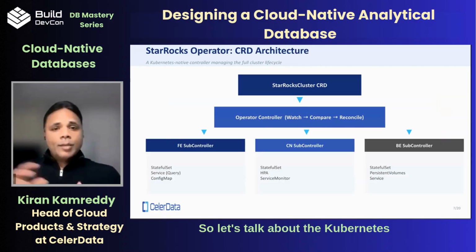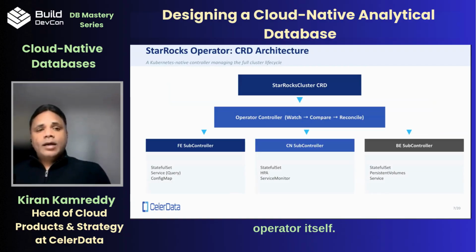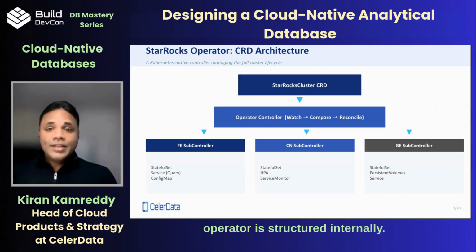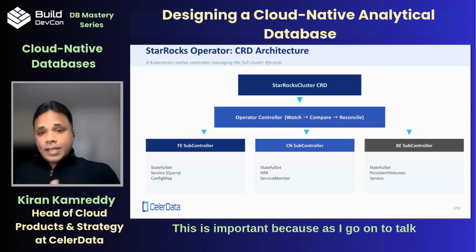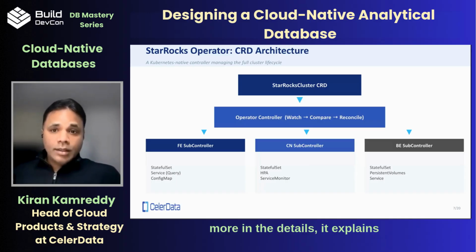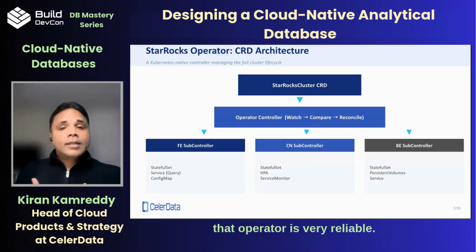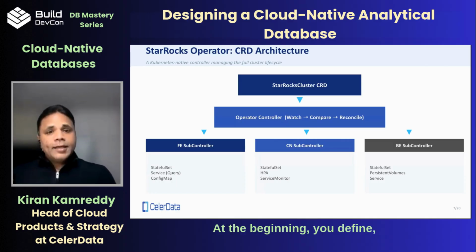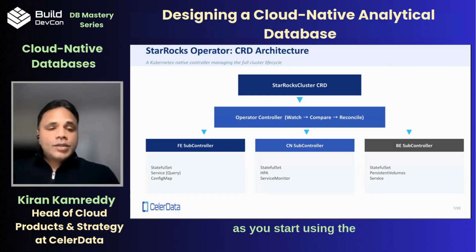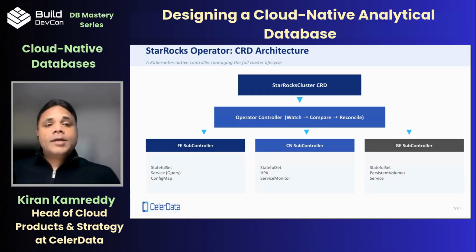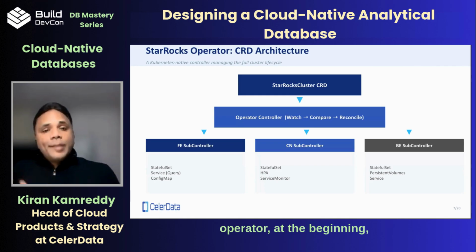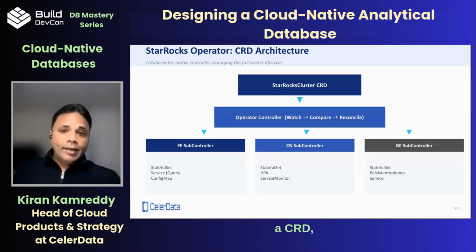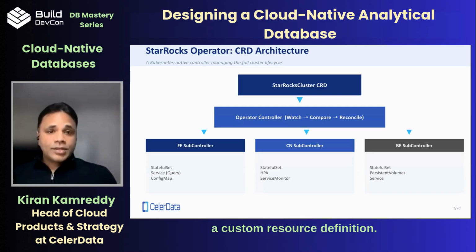So let's talk about the Kubernetes operator itself. I'll talk at a high level about how the operator is structured internally. This is important because as I go on to talk more in the details, it explains why the operator is very reliable. As you start using the operator, at the beginning, you define what you want the cluster to be via a CRD, a custom resource definition.